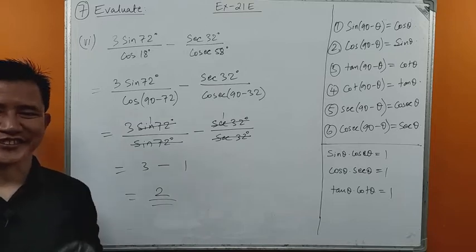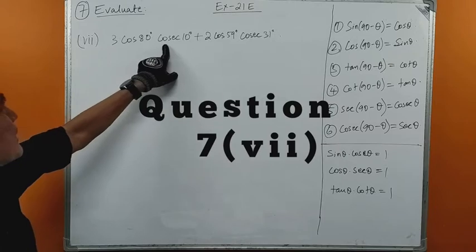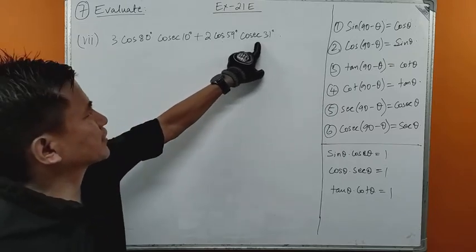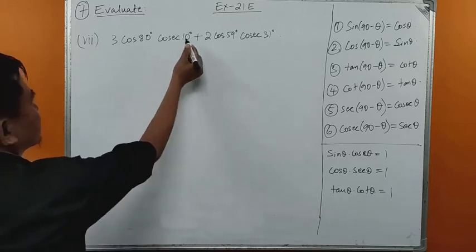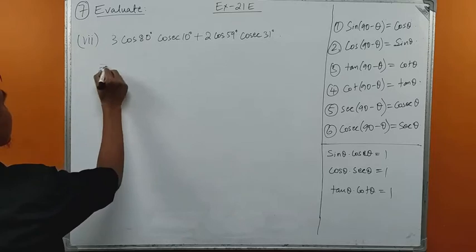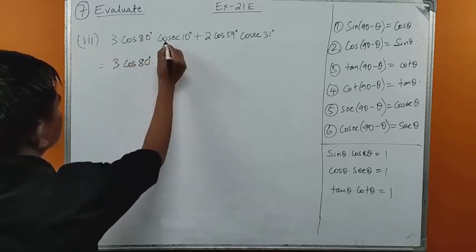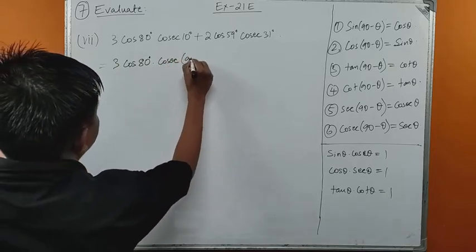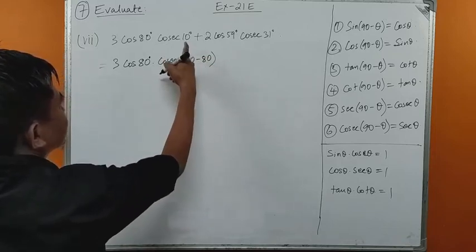Now let's do another question. Number 7 of 7. Okay, we have 3 cos 80 into cosec 10 plus 2 cos 59 into cosec 31. Okay, so let's change this angle and keep this angle as it is. 3 cos 80 degree into cosec 10 means cosec 90 minus 80. 90 minus 80 is 10, isn't it?